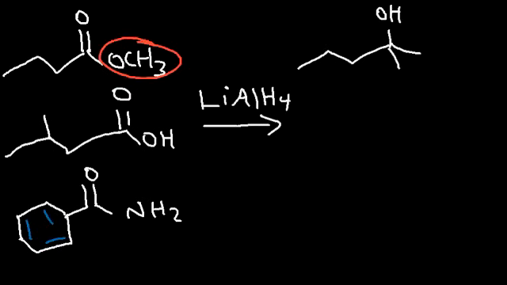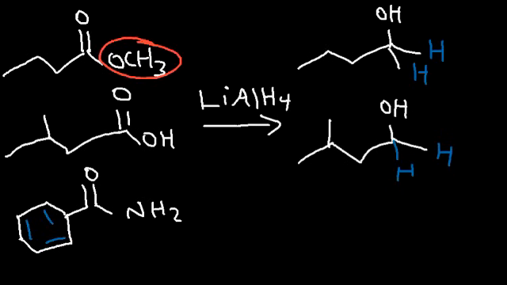And here are the 2 added hydrogen atoms. As for the carboxylic acid, one of the oxygen atoms will leave, and we're going to have an alcohol on this very carbon. And we're going to add 2 hydrogen atoms to reduce it to the alcohol level.